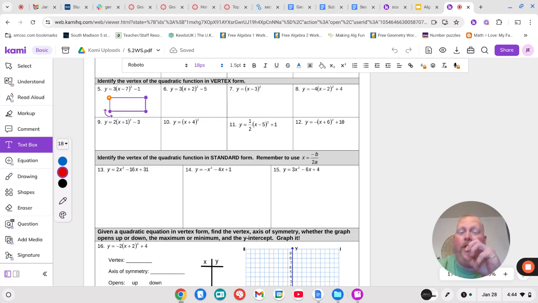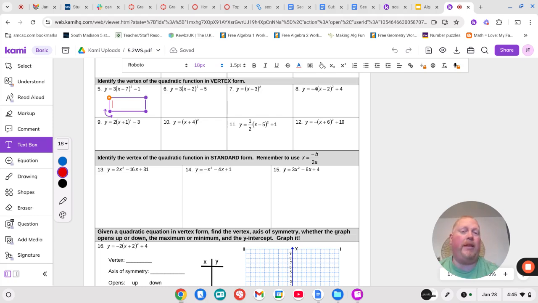Now that 3 out in front, that's our a value, and it doesn't change where our vertex is at all. So when we're just finding the vertex, the number that's out in front of the parentheses, we don't even worry about that. Inside the parentheses it says x minus 7.